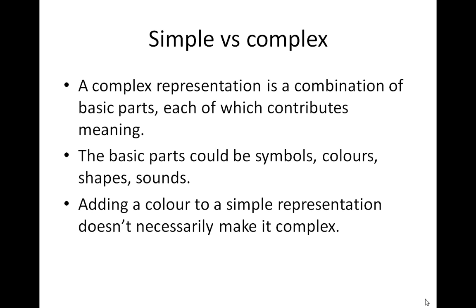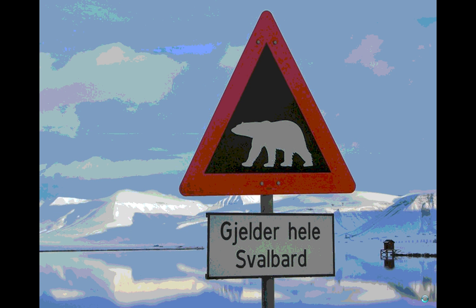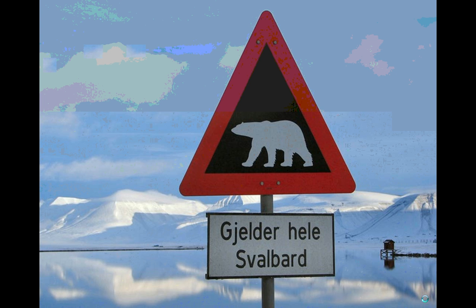Normally that would mean either no or similar to that, so it's negating what's behind it. Do be really careful that you understand the difference between simple and complex representation. Just by adding colour to a simple representation won't make it complex, as hopefully we can see by this. In the UK, our road signs, which are dealt with in Unit 2, you've got the red warning triangle, which is the same in both.